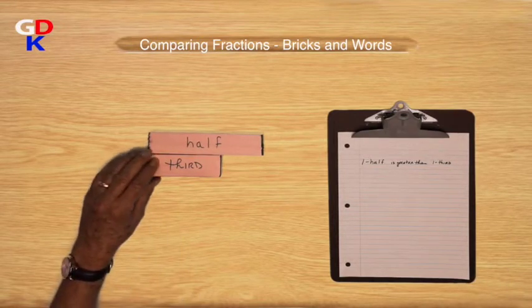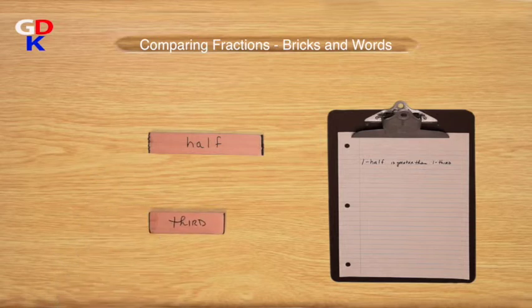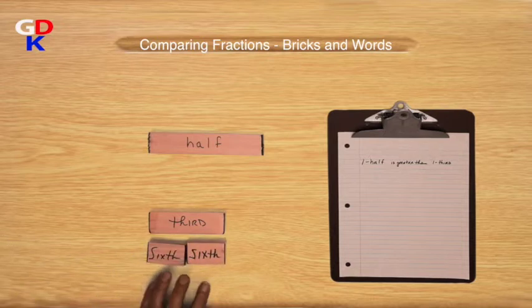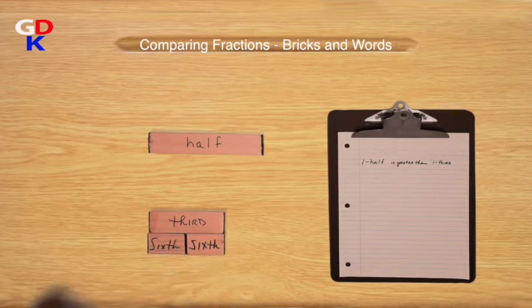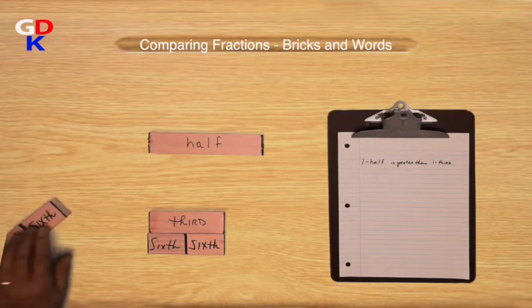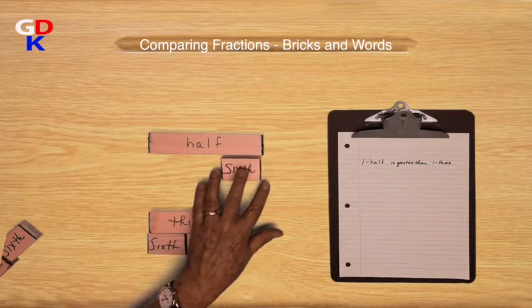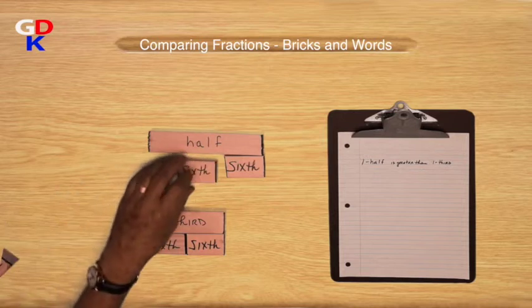Now, when we have the bricks, that's easy to do. But let's look at the way we did it in the first video on comparison, where we looked at 1/3 and showed that that was equal to 2/6. And then we looked at 1/2 and we showed that that was equal to 3/6.